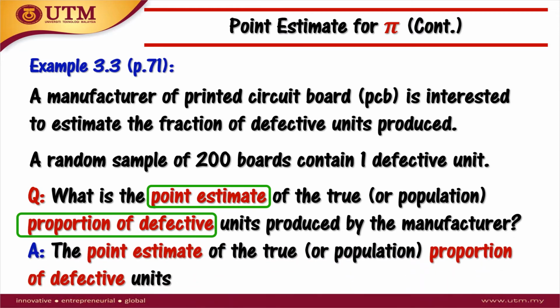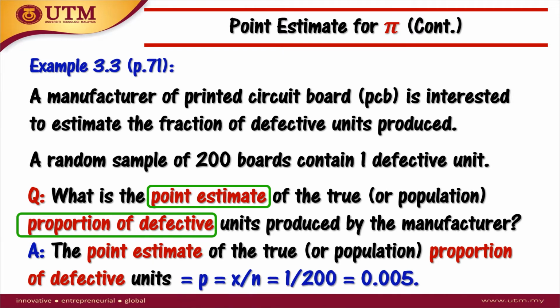The answer is rather straightforward. You can obtain the point estimate of the fraction or proportion of defective units produced by the manufacturer by calculating the proportion of defective units from the sample data denoted by p.